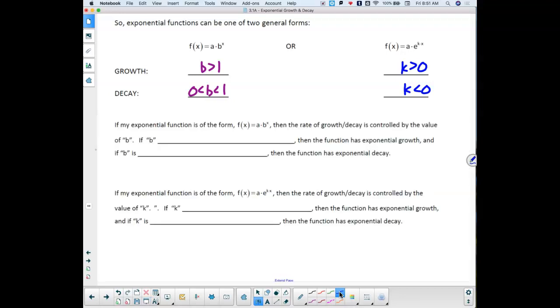In word form, my exponential function of yesterday, the first one, is yesterday's. Then the rate of growth or decay is controlled by the value of b. If b is greater than 1, then the function is growth. And if b is between 0 and 1, then it's a decay.